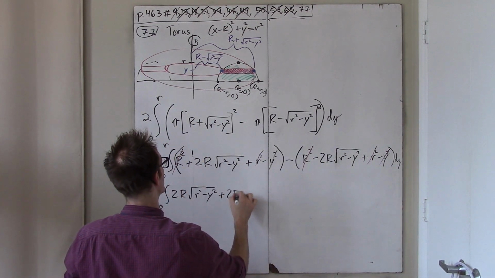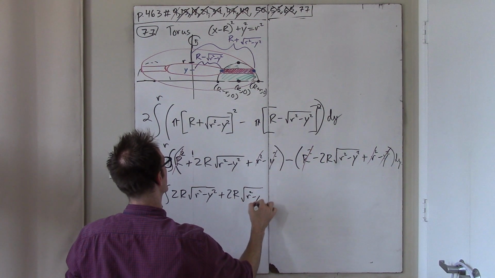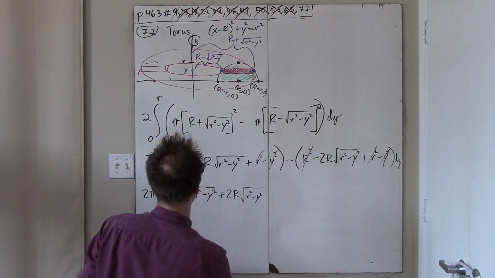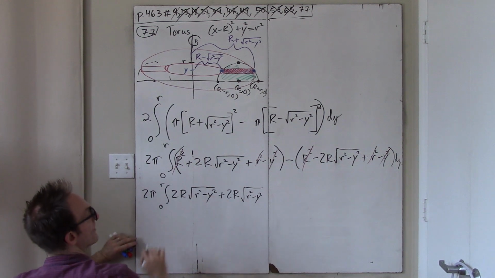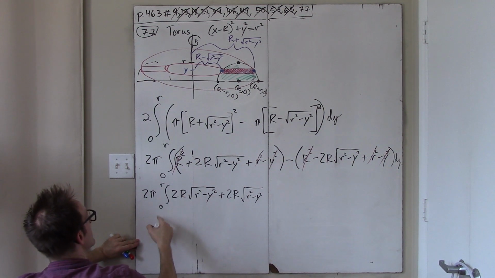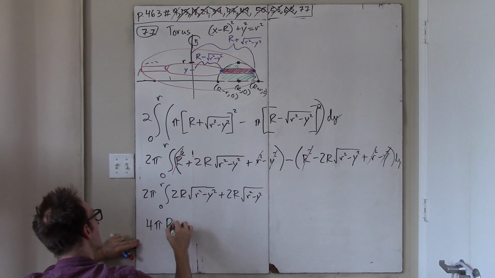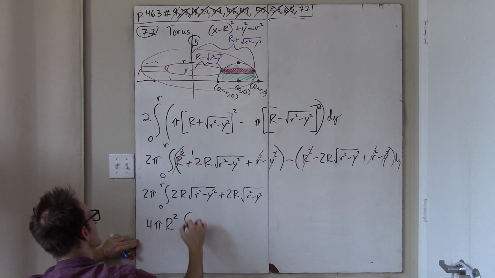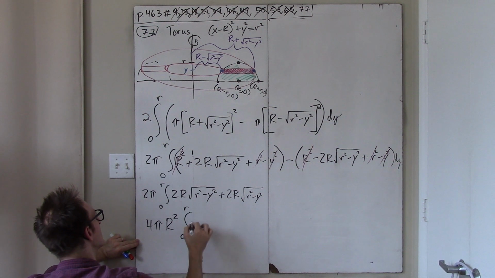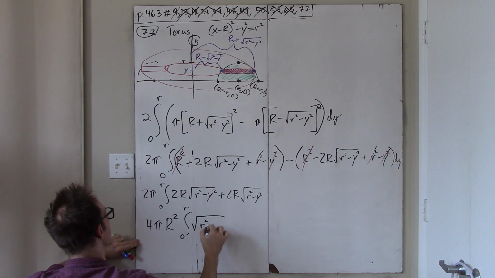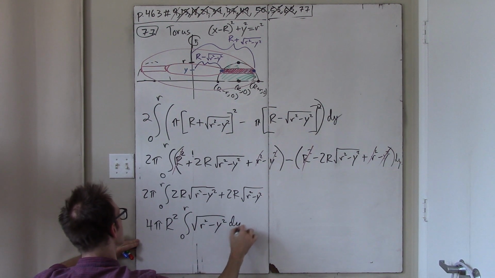Plus another 2 big R root r squared minus y squared, dy. So what we end up with is 4 pi big R squared times the integral from 0 to little r of root r squared minus y squared dy.